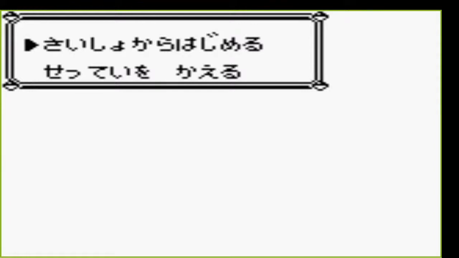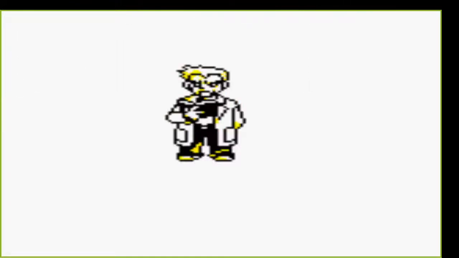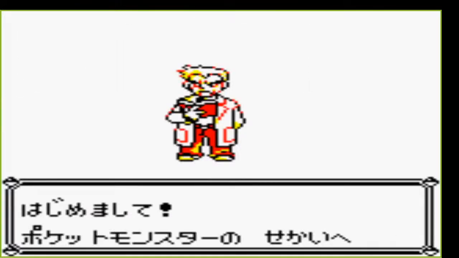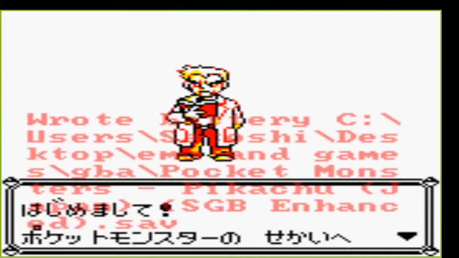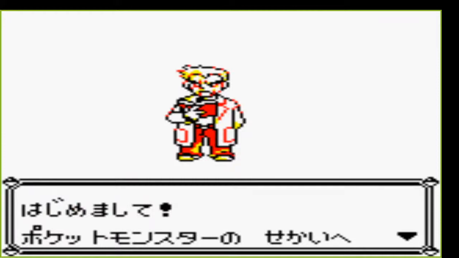Chotto matte ne. Okay, so how about this one? Can you try to read this one? Okay, hold on here. It's loading. How about this one? How to read it?